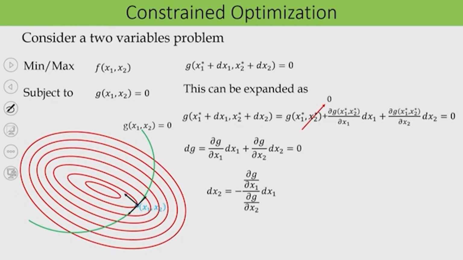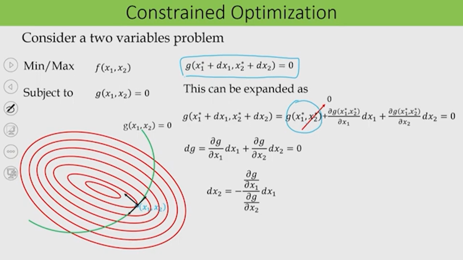So, this must be equal to 0. Now I can expand this using Taylor series. If I expand it, then I am getting g(x1 star, x2 star) plus del g by del x1 dx1 plus del g by del x2 dx2, and this must be equal to 0, as (x1 star, x2 star) is on the g line.